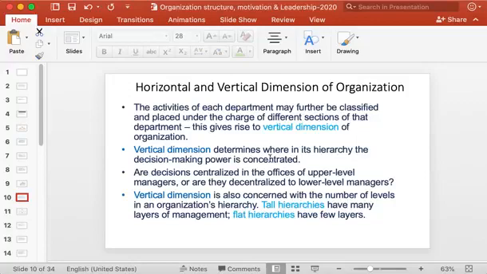And the vertical dimension determines where in its hierarchy the decision making power is concentrated, whether decision making power is centralized in the offices of upper level managers or decentralized to lower level managers. Vertical dimension also is concerned with the number of levels in an organization's hierarchy.